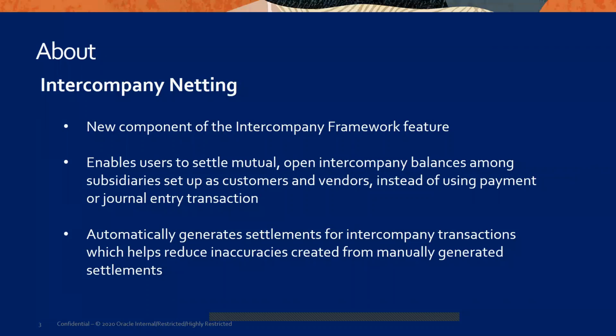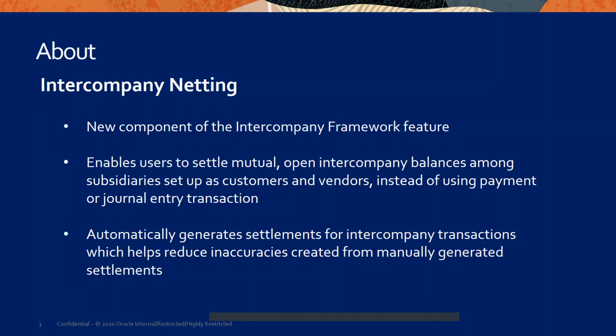Okay, so intercompany netting. This is a new component of the intercompany framework feature. This has existed in NetSuite. You may be familiar with pairing intercompany transactions or the automated intercompany transaction feature of NetSuite.